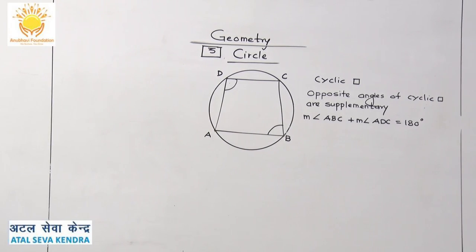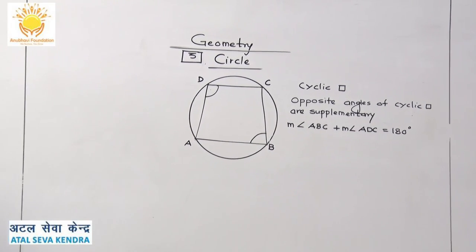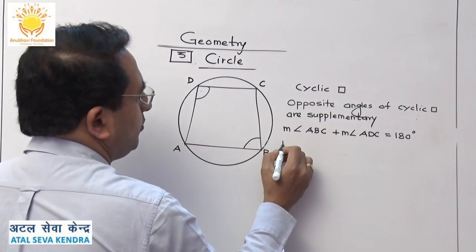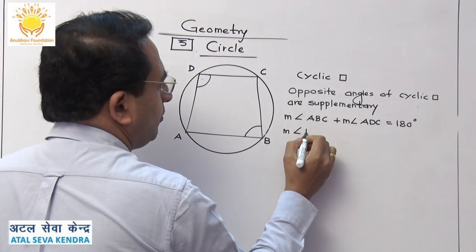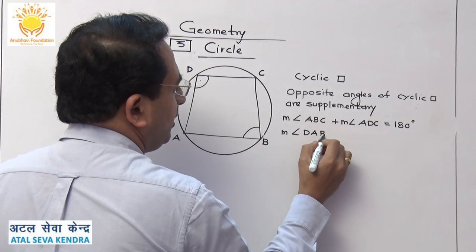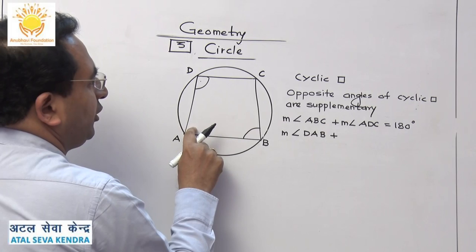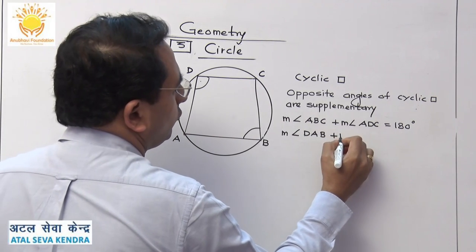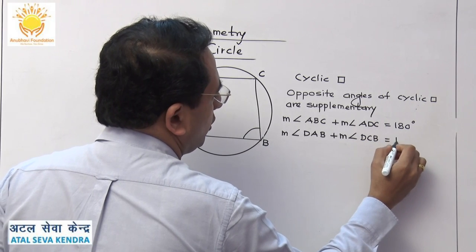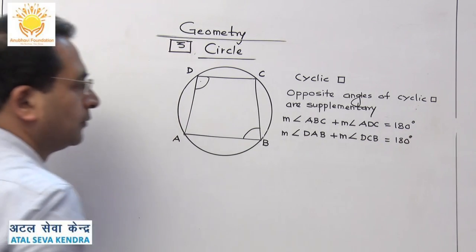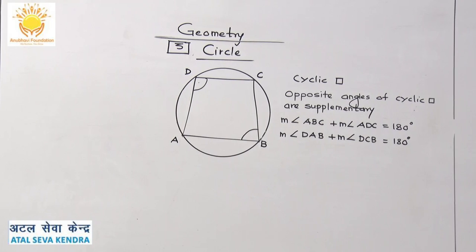Is it clear to you? There is one more pair: major angle DAB plus the angle opposite to it, major angle DCB, equals 180 degrees.